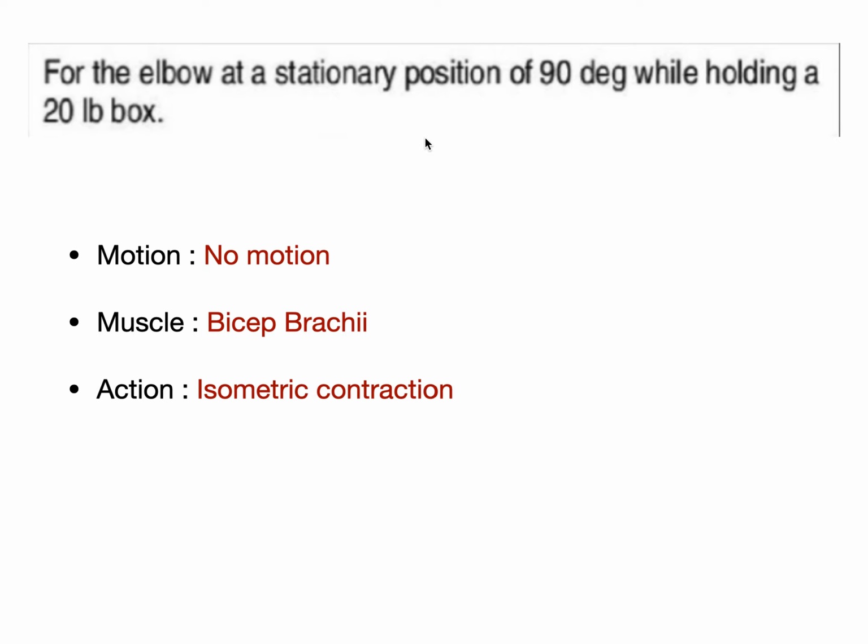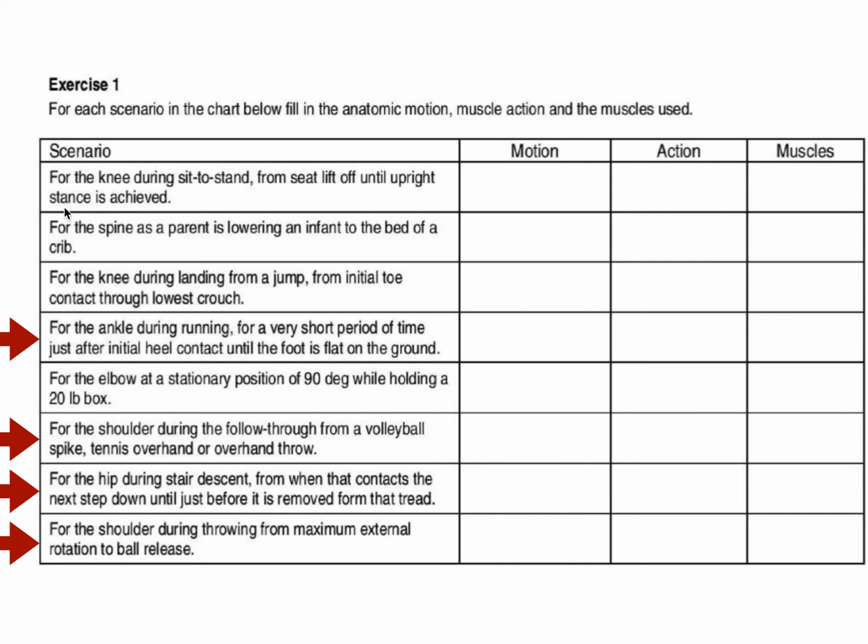We can still apply the same tip. If there is no muscle around your elbow, you will drop the box to the floor, right? So you need to hold it. You need your bicep to hold it, and it's isometric contraction. Okay, so we've talked about these 4 scenarios.